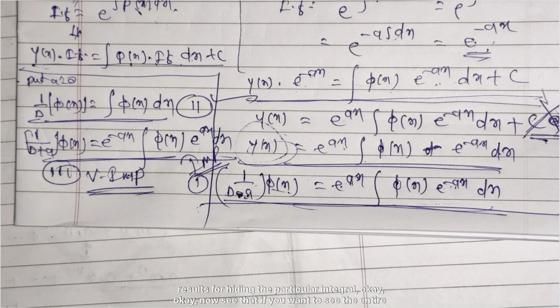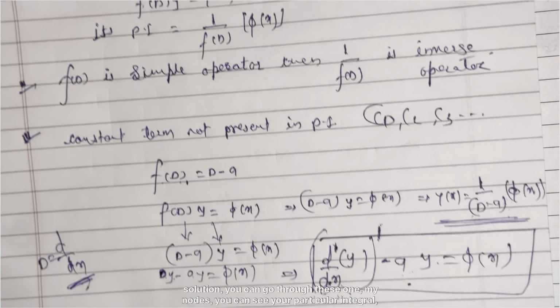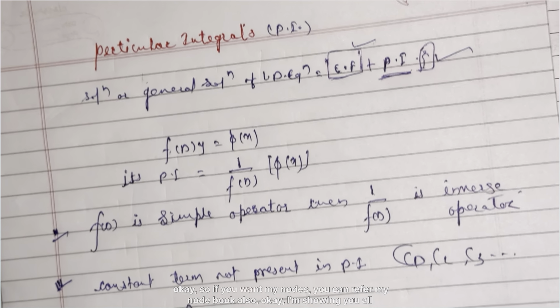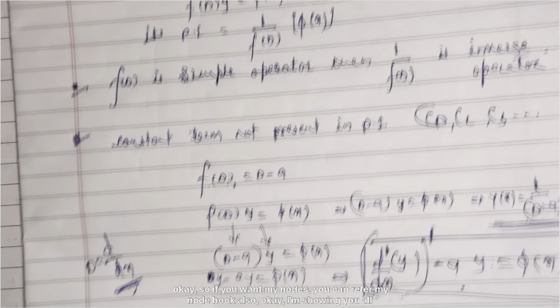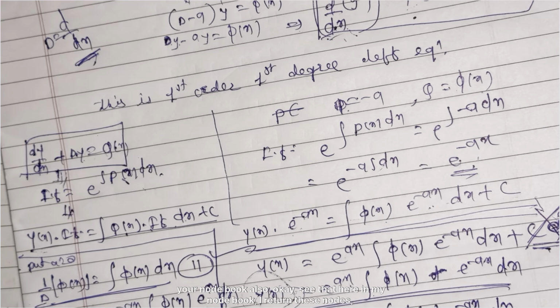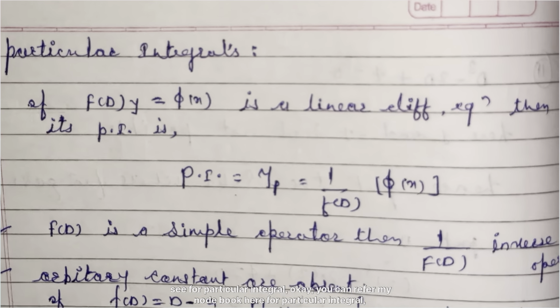These three results are very important, as we are going to use them for finding the particular integral. Now, if you want to see the entire solution, you can go through my notes. You can see the particular integral here. If you want my notes, you can refer to my notebook also. I'm showing you my notebook here, where I have written these notes for the particular integral.